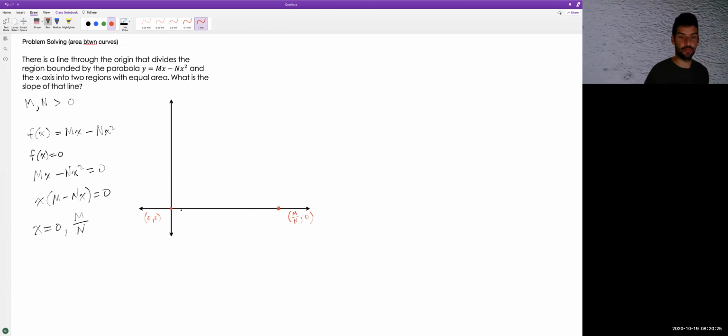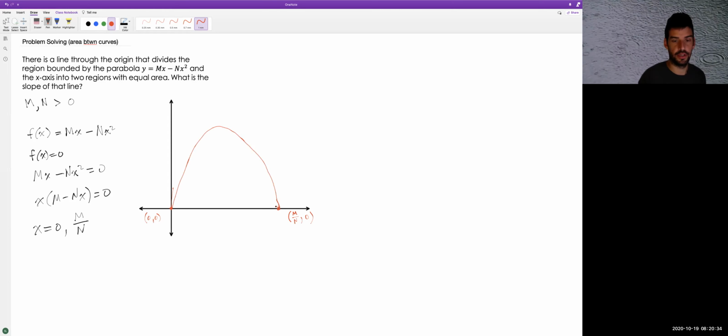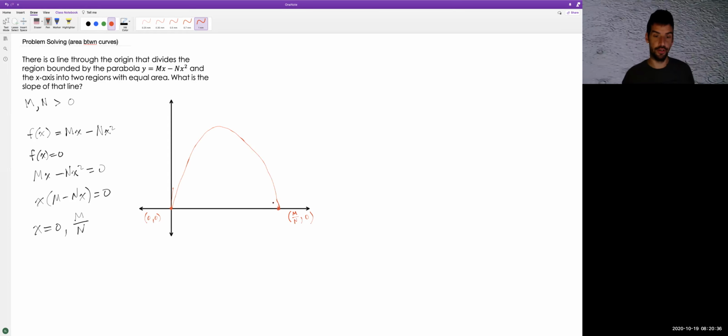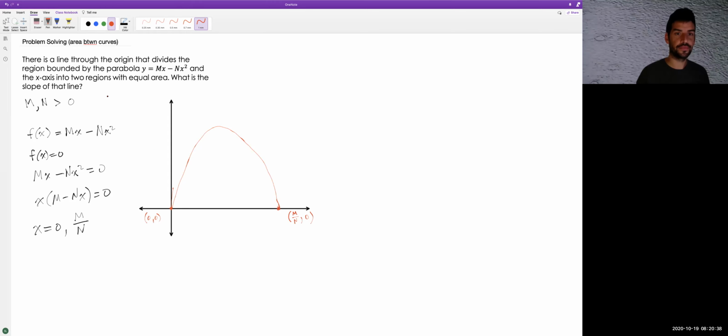And it's a downward facing parabola, something like that. It's not a perfect drawing, but it should hopefully be good enough. Maybe I'll thicken this line a little bit to make it easier to see. Okay, so there's our parabola.